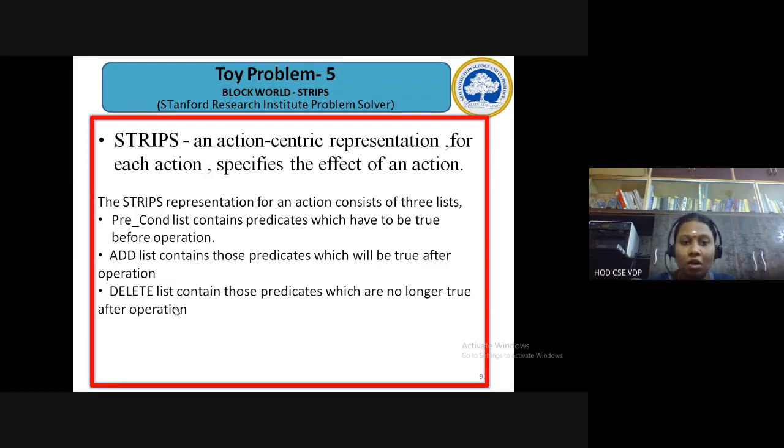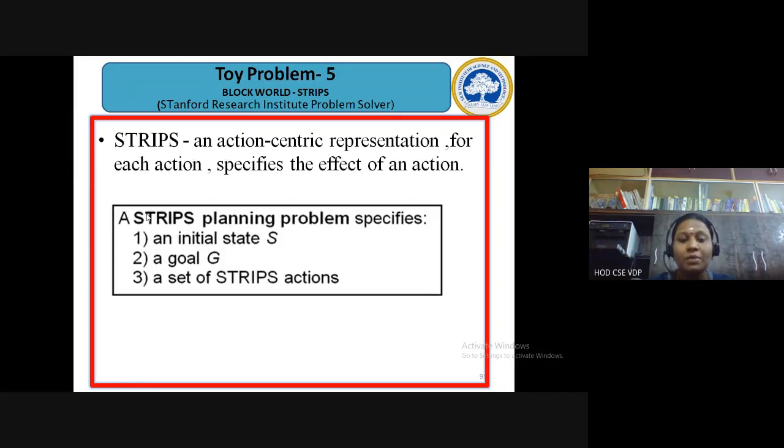So this is what STRIPS actions are all about. With STRIPS we have seen all the possible action states, so you just have to construct, which is a completely different problem. Using STRIPS, how do you transform from the initial state to the goal state? That we'll see later.